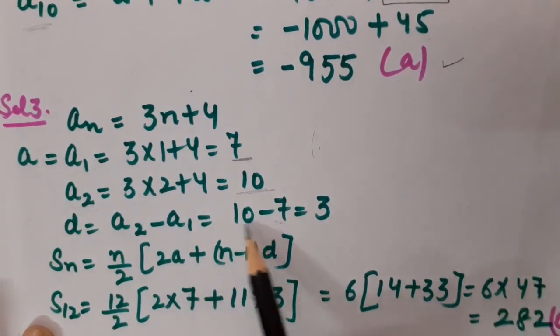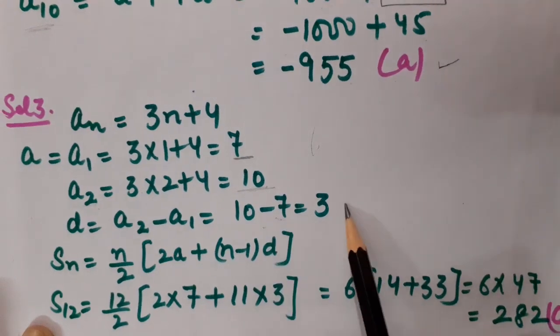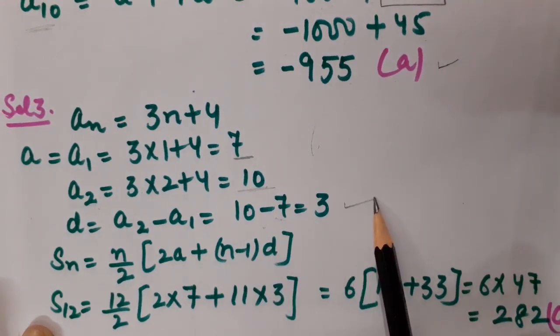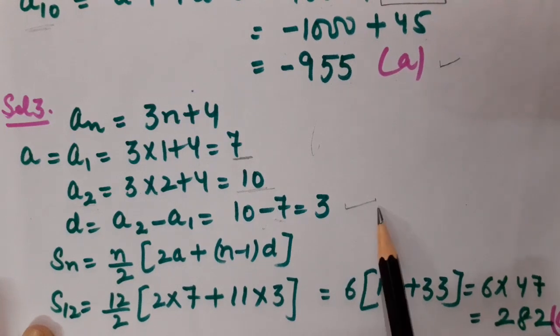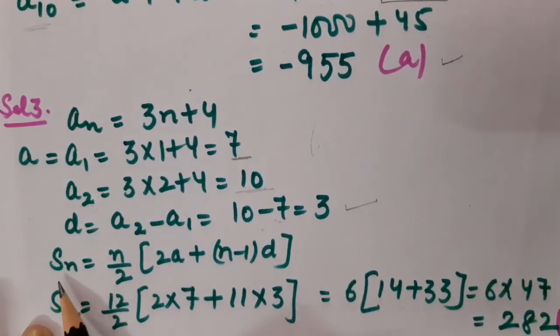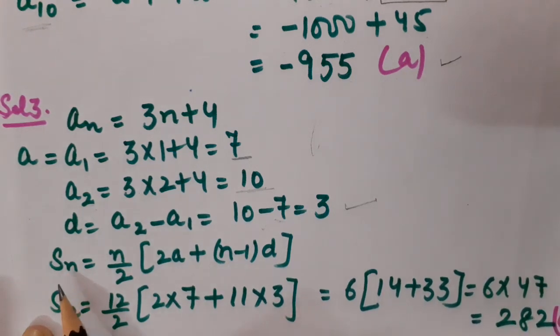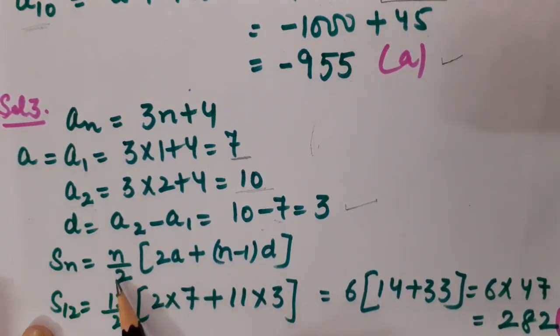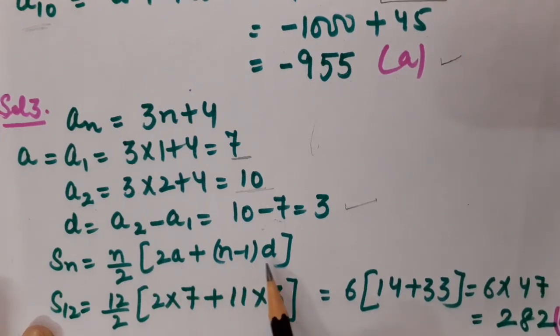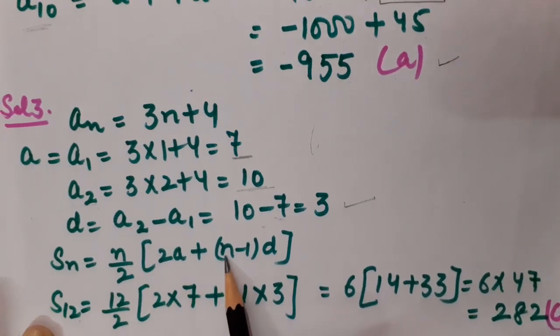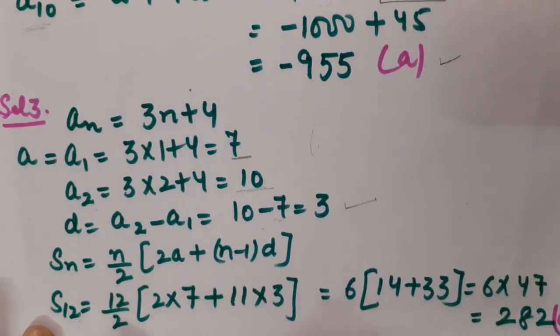So definitely what would be the common difference? A2 minus A1. That would give you 10 minus 7 is equal to 3. Now children, as I have to calculate the sum of the first 12 terms of the AP, the formula for calculating the sum is Sn is equal to n by 2 into 2a plus n minus 1 into d. Children, you know n is equal to 12. So wherever you have n, you are just going to insert 12 there.